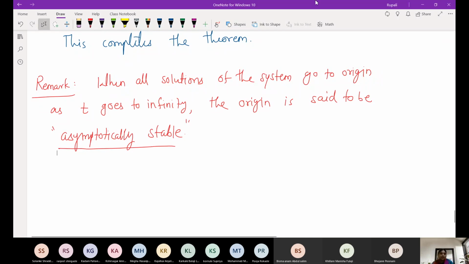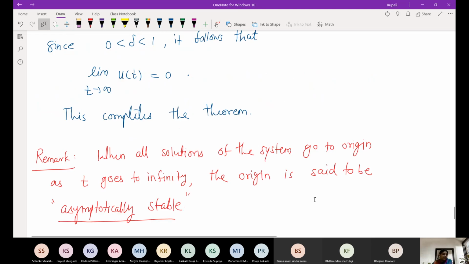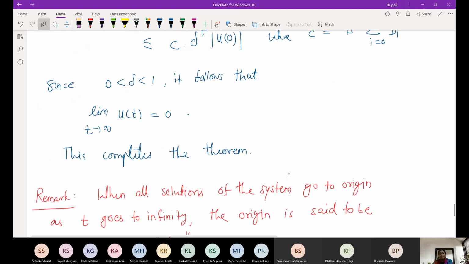So what can I say from this theorem? If spectral radius of A is strictly less than 1, that is the necessary condition for this type of stability. Is that okay?